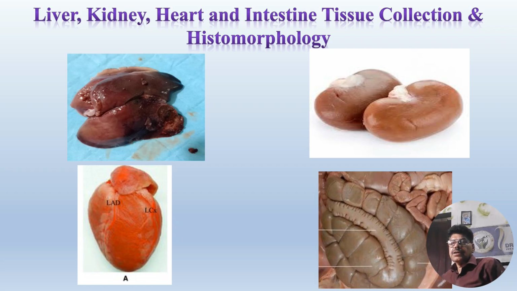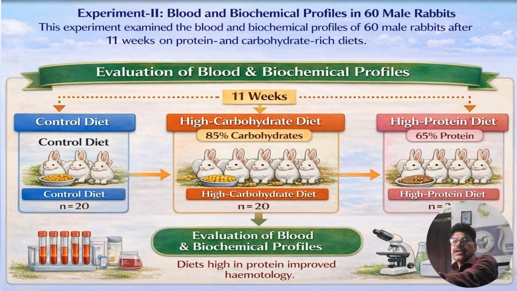The liver, kidney, heart, and intestine tissue collection for histomorphology was done, whereas in experiment 2, the blood and biochemical profile was examined in 60 male rabbits. The 60 animals were divided into three groups, keeping 20 animals in each group.